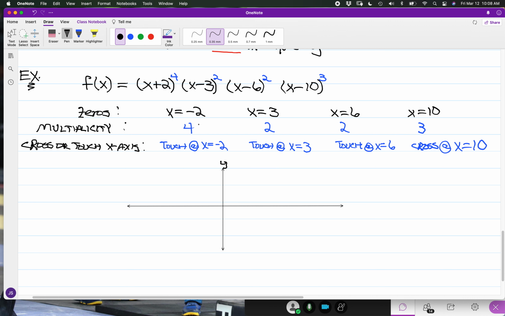Just for the general layout on this one, they're just doing a bit of a quick sketch. So we have our 0 values: negative 2, we have 3, and we have 6, and also we have x is equal to 10.